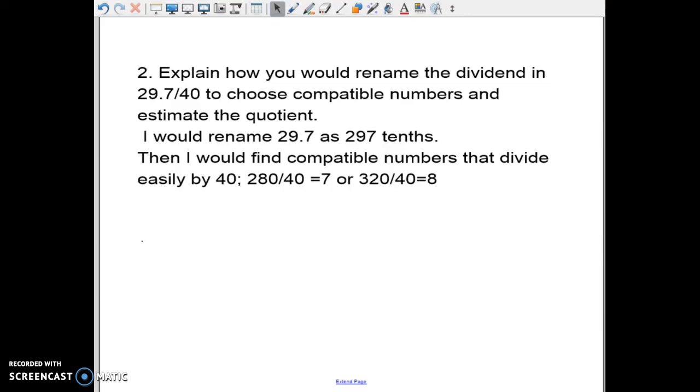Then I would find compatible numbers that divide easily by 40, so multiples of 4 or 40. So 280 divided by 40 is 7, because 7 times 4 is 28. Or 320 divided by 40, which gives you 8, and 4 times 8 is 32.